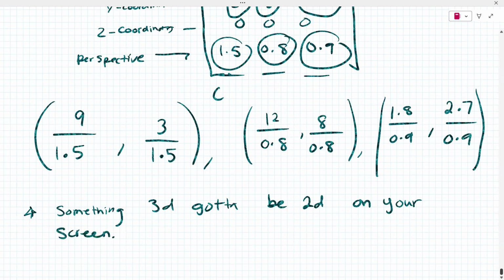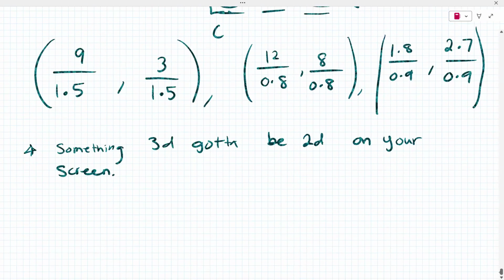Like when you're watching this video, it's definitely 2D. So the 3D coordinate 9, 3, 5 is going to be equal to 6, 2.